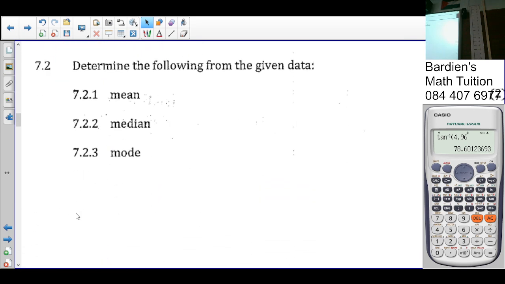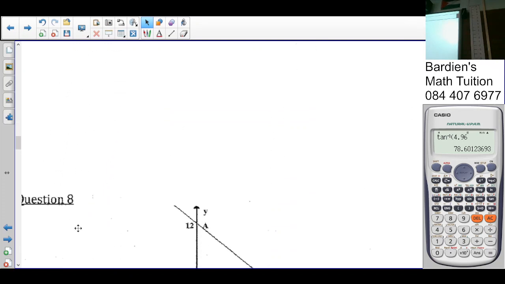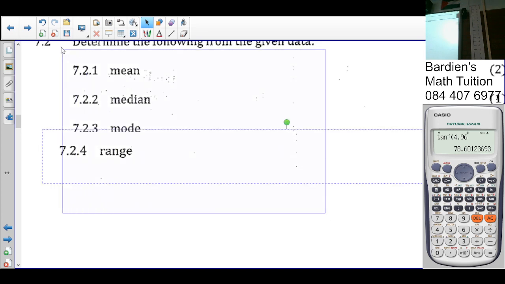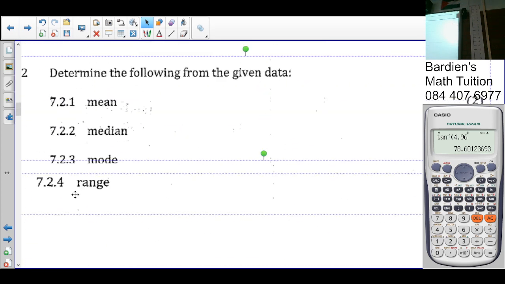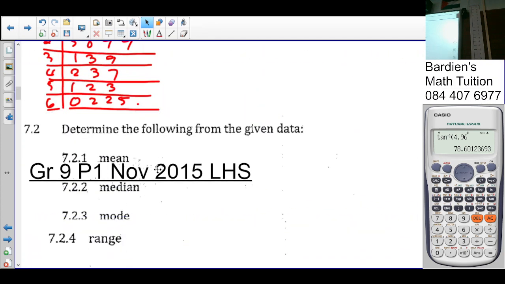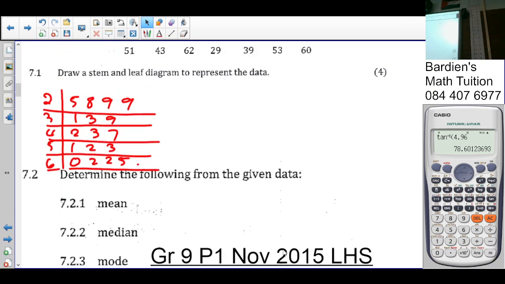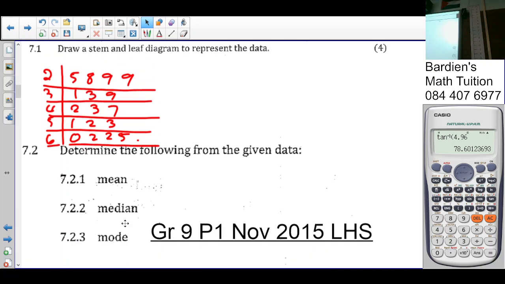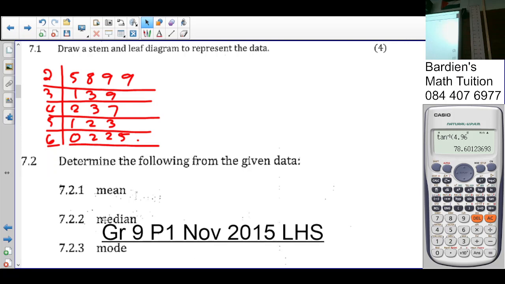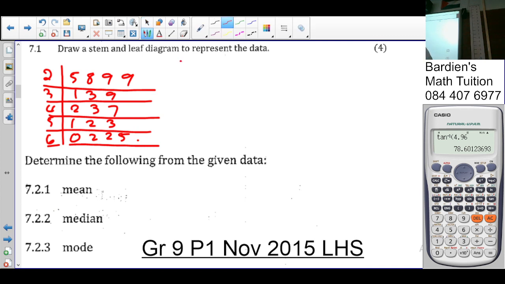The next one says determine the following from the given data. Okay, so now the first question is to work out the mean. To work out the mean, how many values are here? 17.